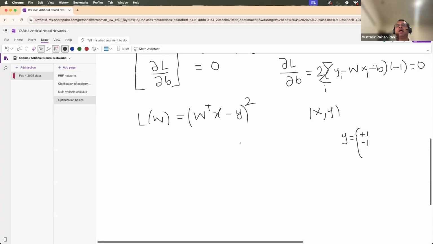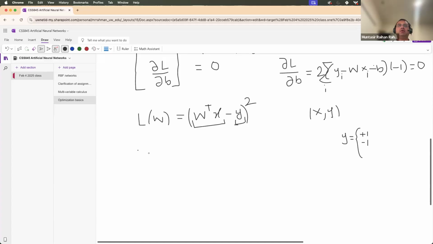If Y is a positive label, we expect this to be high, and if Y is a negative value, we expect this to be negative. By trying to minimize this, you're trying to minimize the distance between your computed value and Y. This might not be the best loss function, but it is a possible loss function.